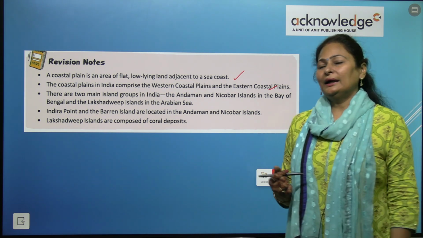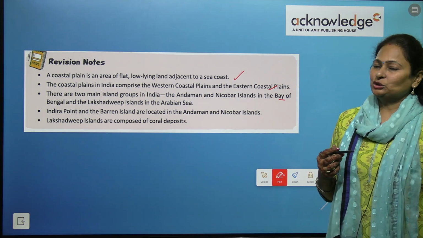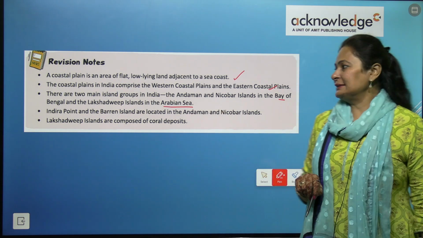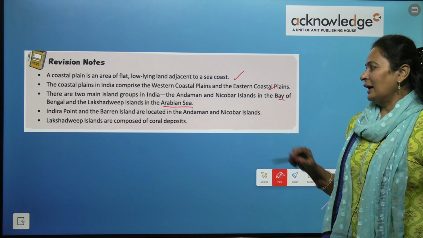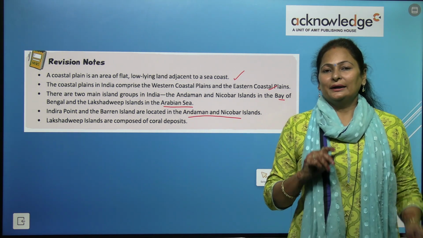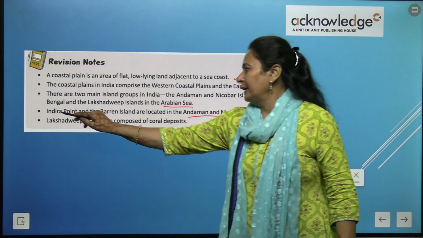Andaman and Nicobar Islands are in the Bay of Bengal, whereas the Lakshadweep Islands are in the Arabian Sea. Indira Point and the Barren Island are located in the Andaman and Nicobar Islands. Indira Point is the last point of India, right?